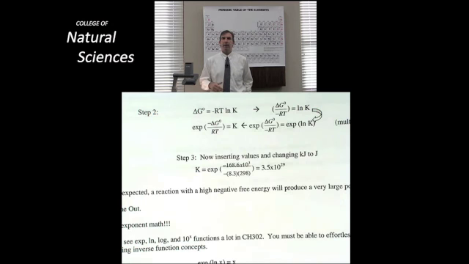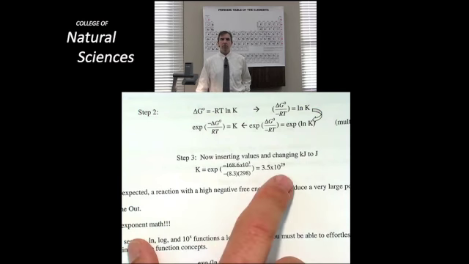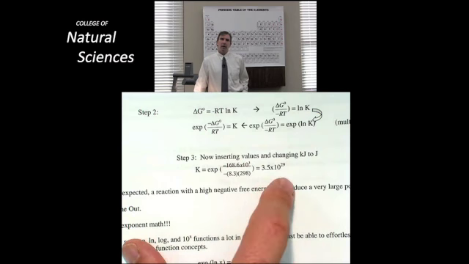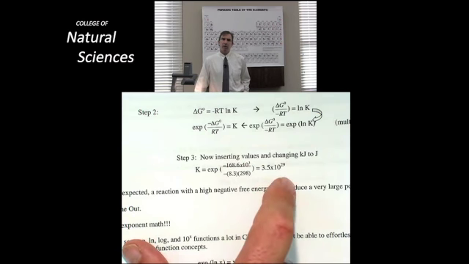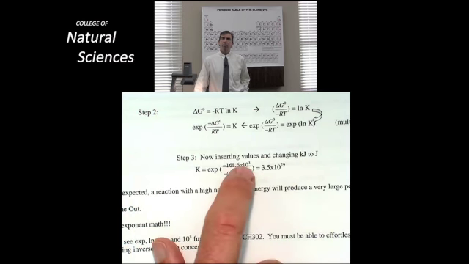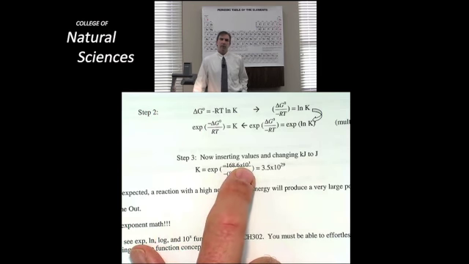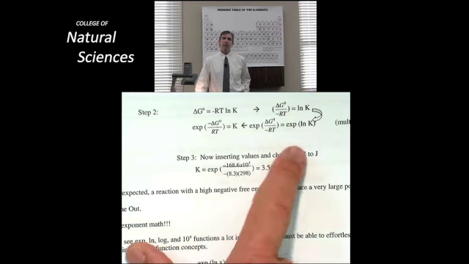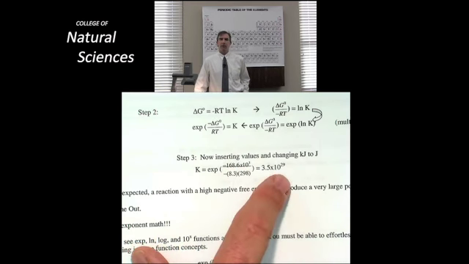We knew it was going to be a large positive exponent, and sure enough it is. It's always good to be able to do this, because if you can do that estimation first, it helps you to avoid stupid mistakes like forgetting your negative sign. So that minus 170 kilojoules per mole, very spontaneous process produces a very high ratio of stuff on the right to the stuff on the left in the calculation.